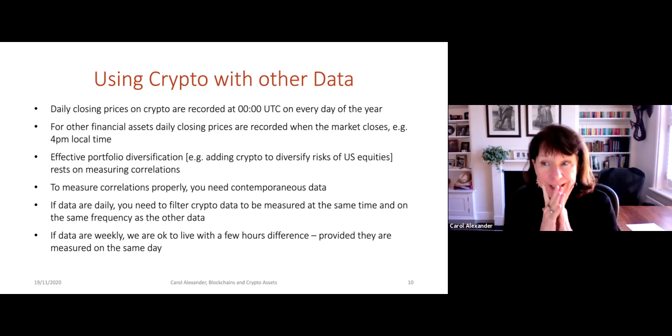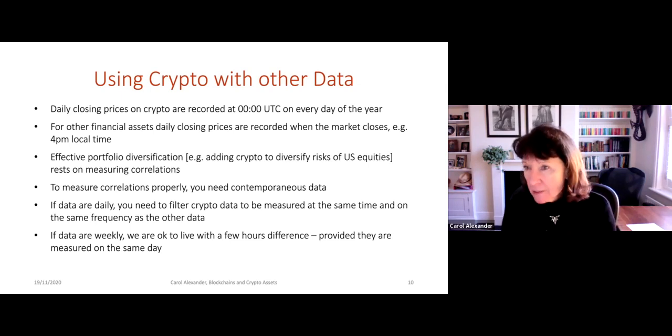So if data are daily, you've got to be quite careful about the time when you measure the data. Make sure that you take the crypto data, not daily closing prices, but 4 p.m. London time or whatever it is. And forget the weekends, because the markets won't be open.